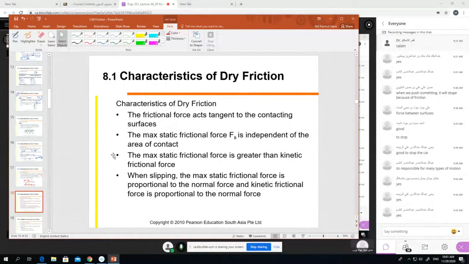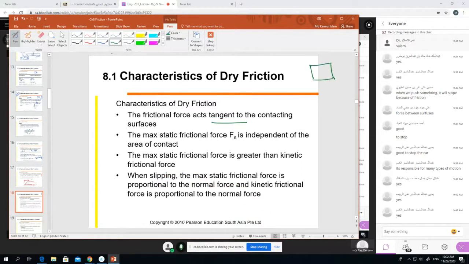Some characteristics of the frictional force. The friction force acts tangent to the contacting surface.